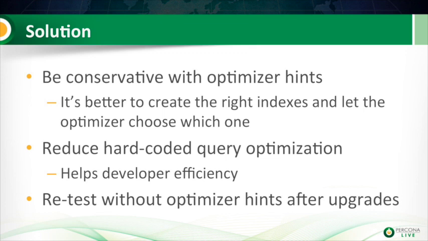You don't have to change the code every time you add an index or drop an index. And also, keep in mind that with every major version of MySQL, 5.5 to 5.6, 5.6 to 5.7, and so on, the developers have improved the optimizer to make it smarter and use indexes better in the right situations.